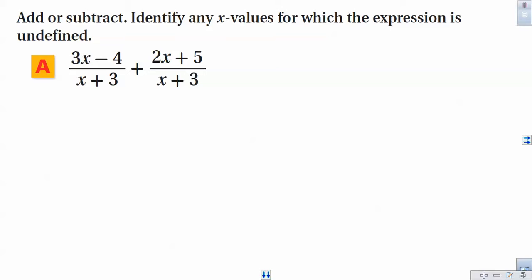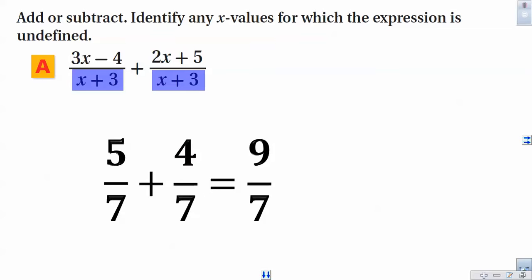So take a good look at these two fractions here. There's one thing that both of these fractions have going for them: they have a common denominator. So remember, whenever you have a common denominator, for example, if we have 5/7 plus 4/7, that equals 9/7.